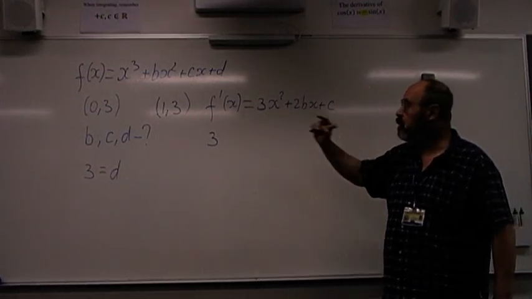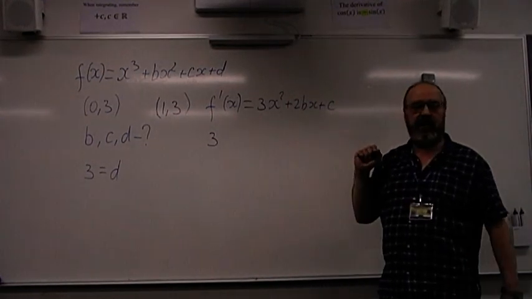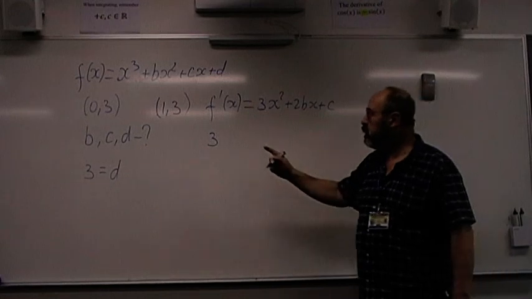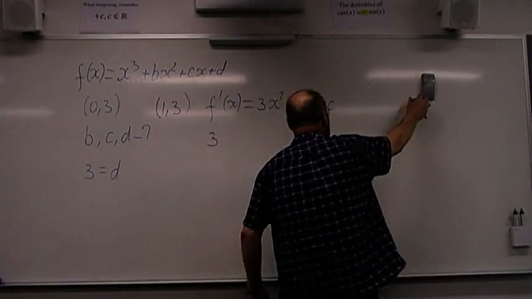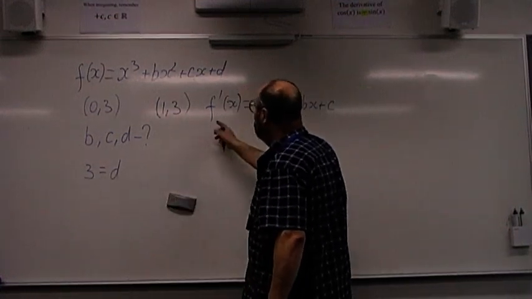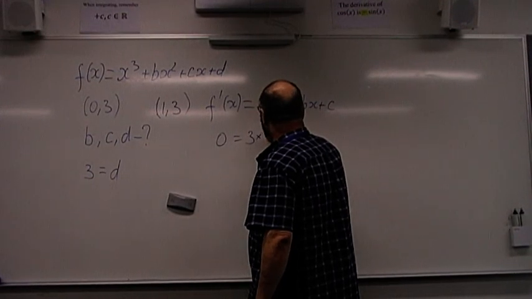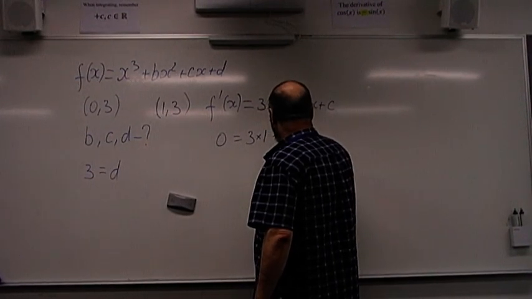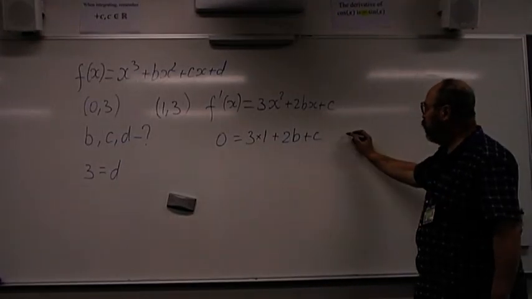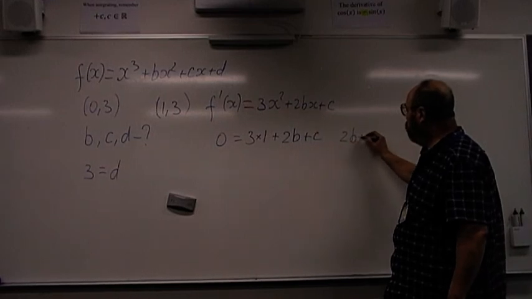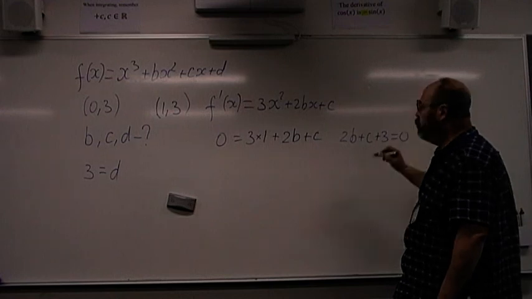So we substitute x equals 1 into the expression for the derivative, and we get 0 equals 3 times 1 plus 2b plus c. So we get our first equation, 2b plus c plus 3 equals 0.